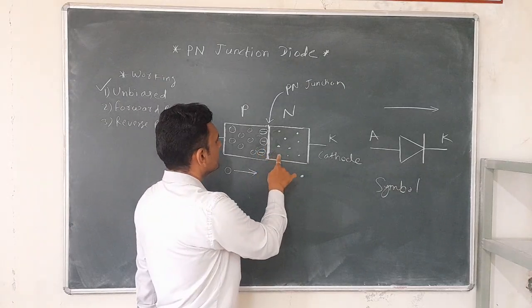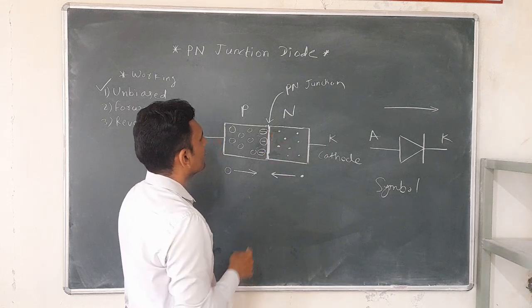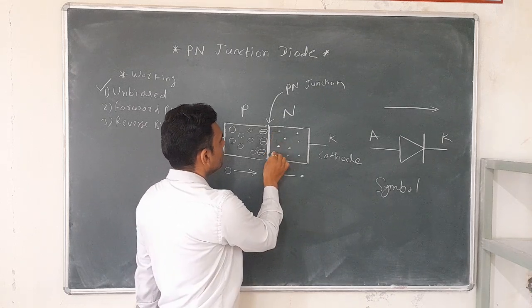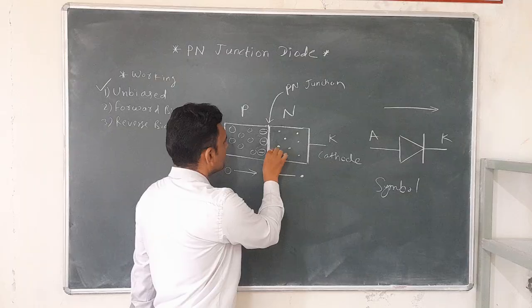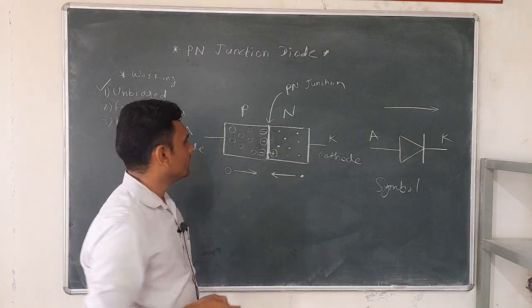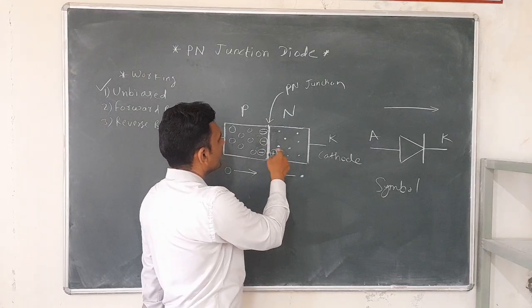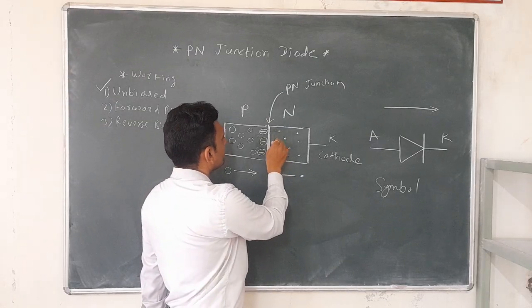After recombination, the donor atoms are converted into ions. When a hole is accepted by a donor atom, that atom is converted into a positive ion.